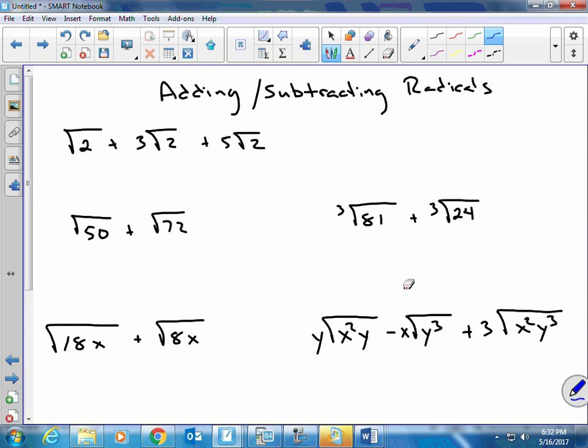So we have 1 square root of 2 plus 3 more square roots of 2 plus 5 square roots of 2 gives me 9 square roots of 2. The number outside, the 1, the 3, the 5, simply acts like a coefficient. It tells me how many of those I have. Okay? Your turn. Try the next one.